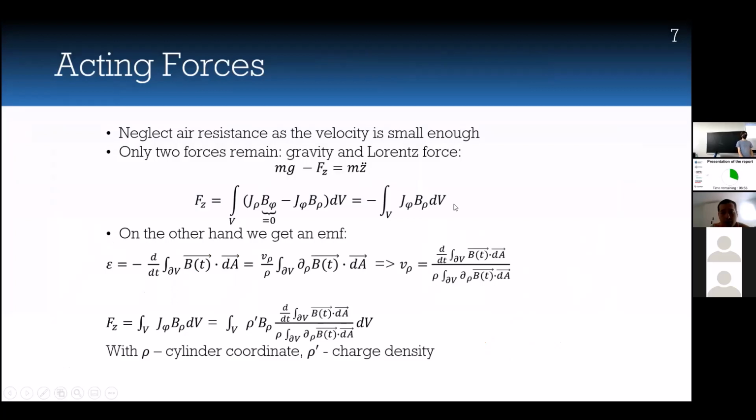And then we can use the EMF to calculate the velocity. And using the velocity, we can calculate the current, which we set in this equation.